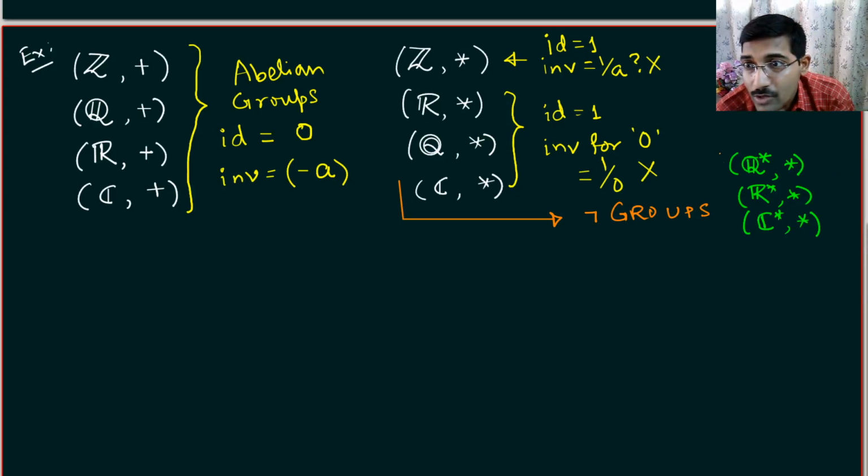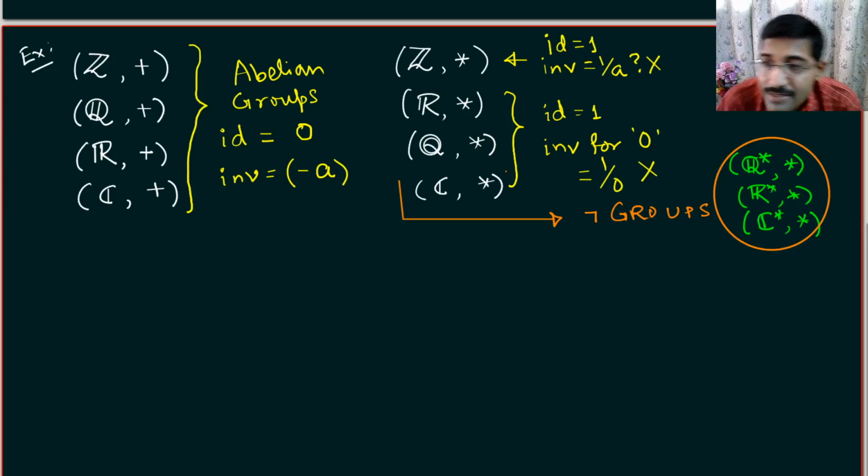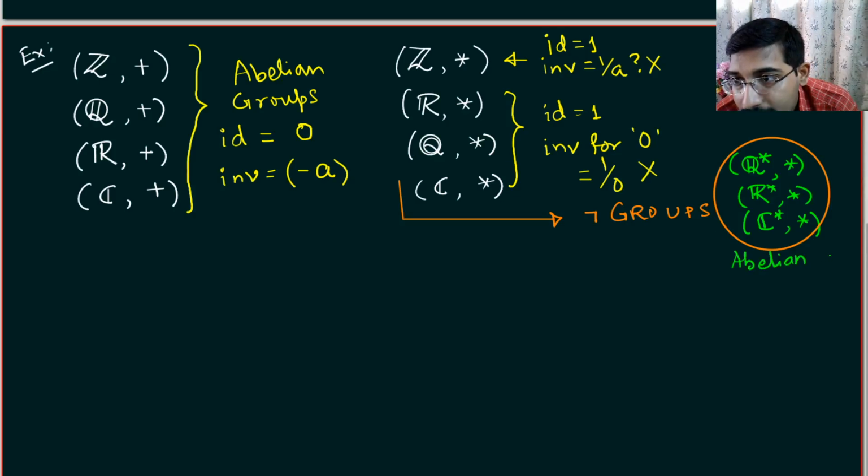So if you try to see, this set is again a group. So this is perfect. So all these are abelian groups.